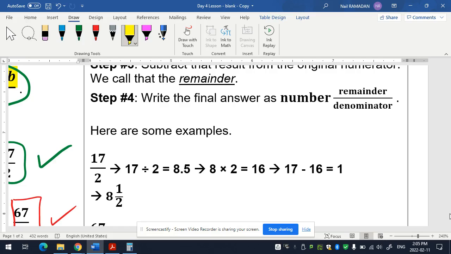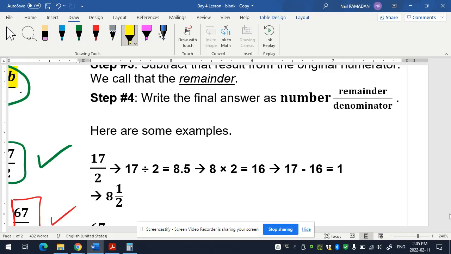Exactly. Take this number only and multiply it by the denominator, which is 2. 8 times 2 is what? 16. You gave out $16. How much money did you have on you originally? $17. Take away $16 is $1.